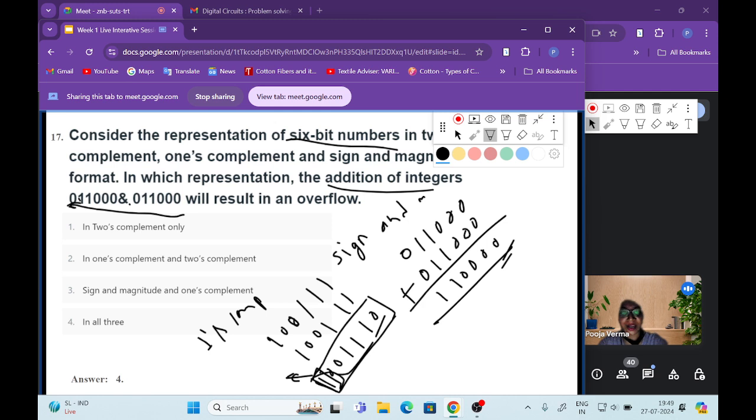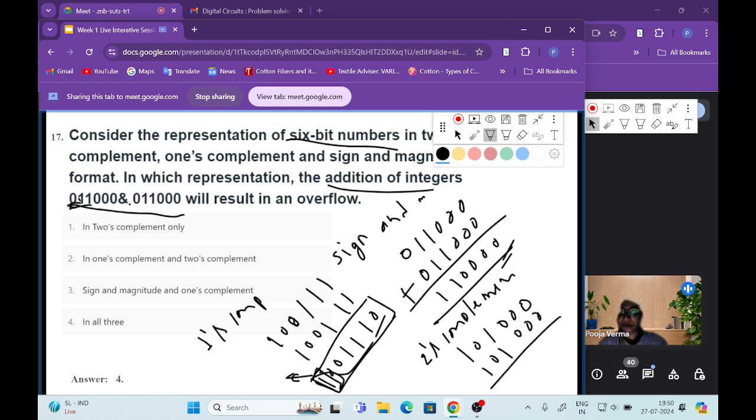And now again you have to check in twos complement form. So what is the twos complement of this number? We just add 1 to the ones complement. So 1, 0, 1, 0, 0, 0.